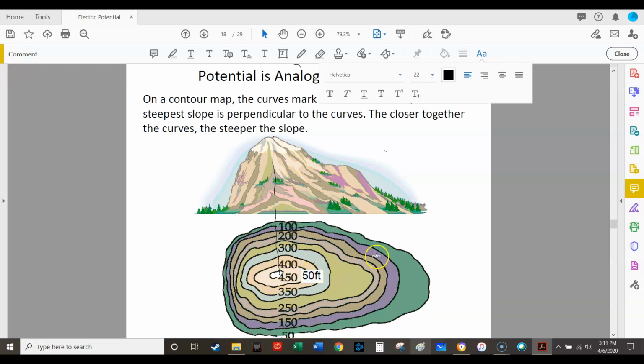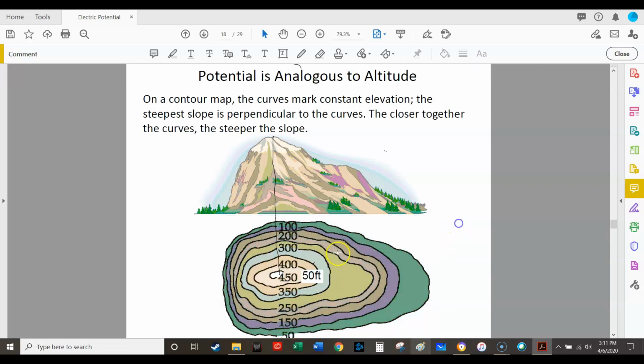It should be a difference of 50 feet, okay? Because 400 feet minus 350 feet is not 30, it's 50. Anyways, good job, Jim. Can't subtract. Here we go.